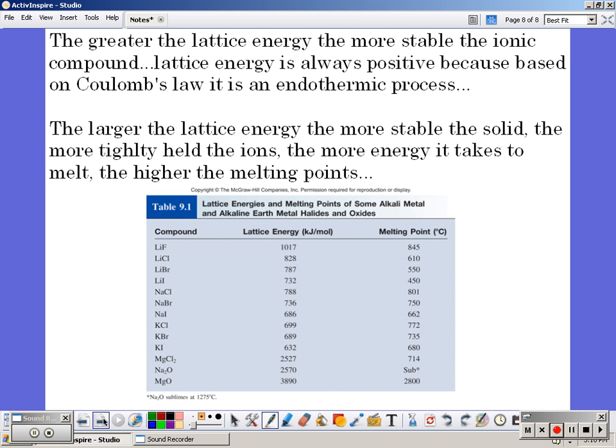The more energy it's going to take to melt, so the higher the melting point. And you can see in this chart how you go from having +1 and -1 to +2 and -1 to +2 and -2, and the melting points would really start to jump up there.